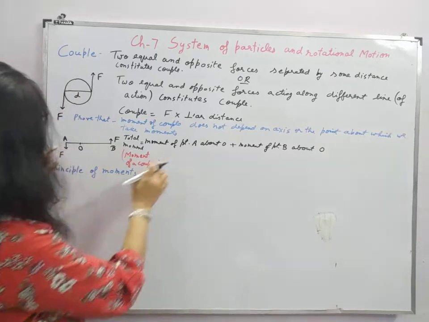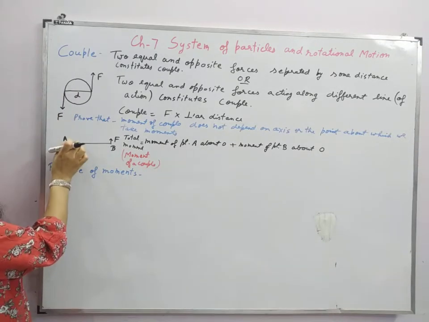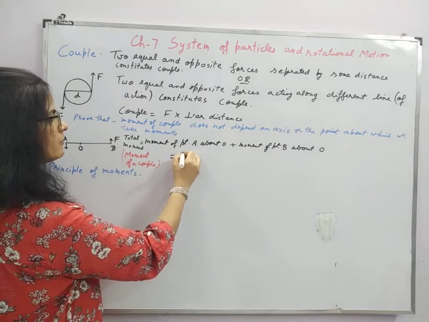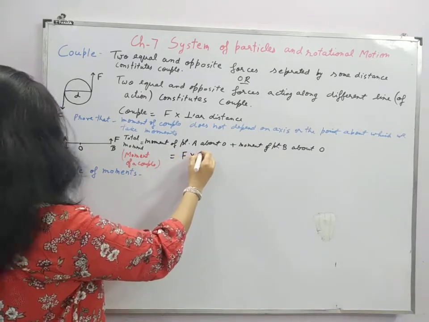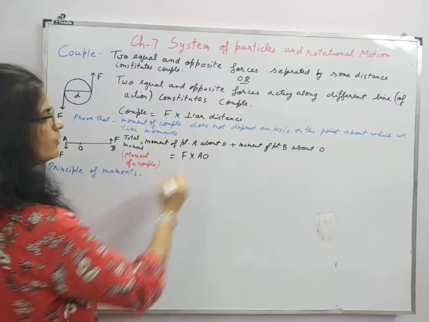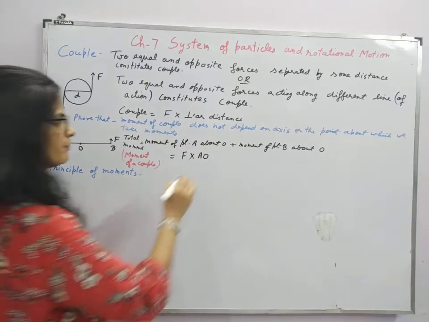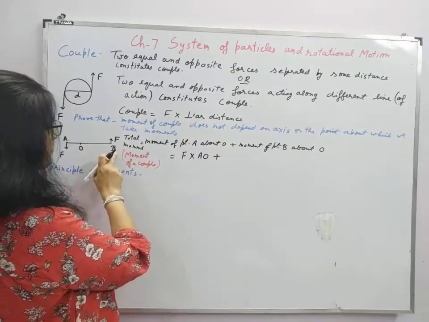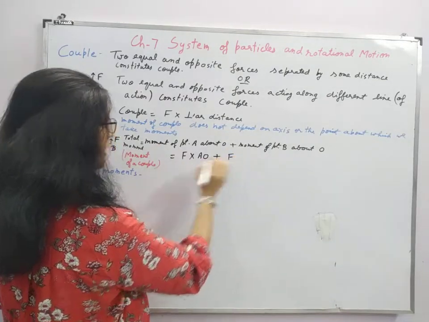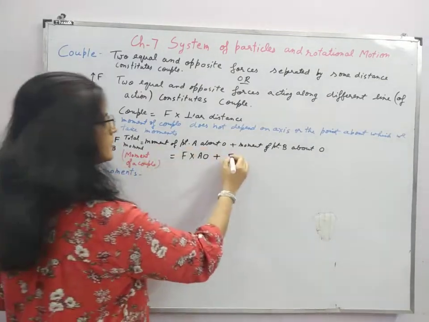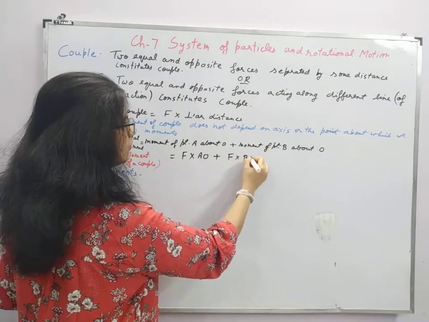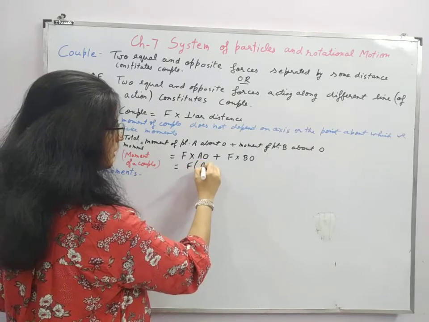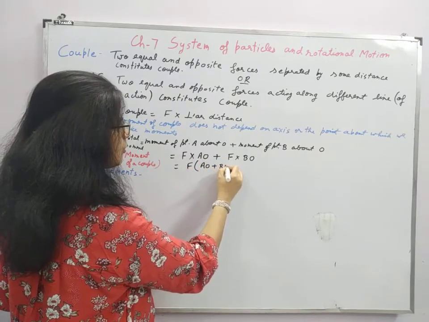If I take the moment at point A, this is force multiplied by perpendicular distance. We know that whenever we take the moment, we multiply the force with the perpendicular distance. This is AO, right? Plus the moment at point B about O. Point B is having force F again. Separation is BO, right? So F I can take common, AO plus BO.